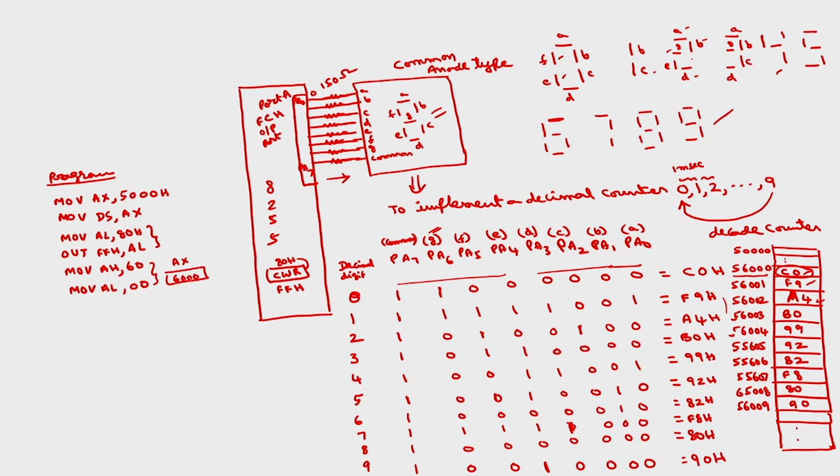So, in the location with 6000 offset we have the code C0, which is the code corresponding to 0. So, we take move SI comma AX.